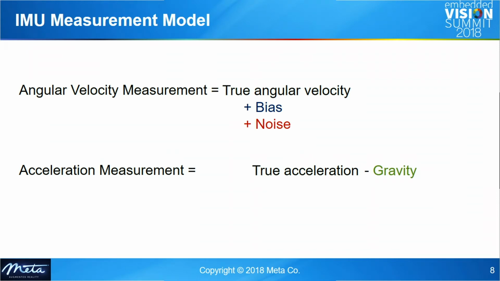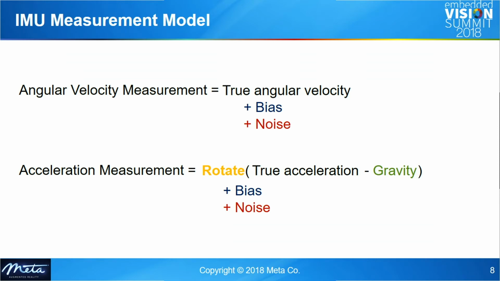So the sensor cannot tell the difference between gravity and actual acceleration. Obviously, the sensor will measure the acceleration in its own frame of reference, or in its own coordinate frame. And that is different from the world-locked coordinate frame that we are interested in. So there is some rotation between the sensor coordinate frame and the world coordinate frame. And similarly, as for the gyroscope, there is the bias and there is the noise.